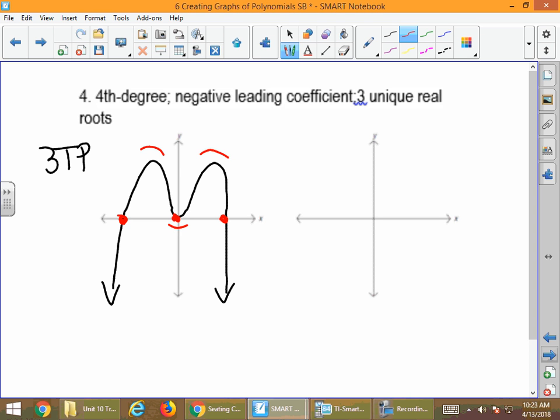So we're good there. We can draw an alternative picture. And again, that's the nice thing about these is different people can have similar but not the same pictures. We still have to have these characteristics, but they're not always going to be the same picture.